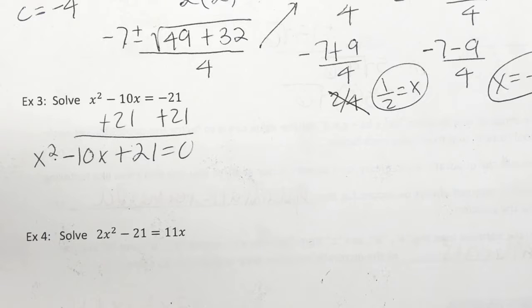Good. What's negative 10 squared? Yeah, it's 100, not negative 100. Then you subtract. Good job.